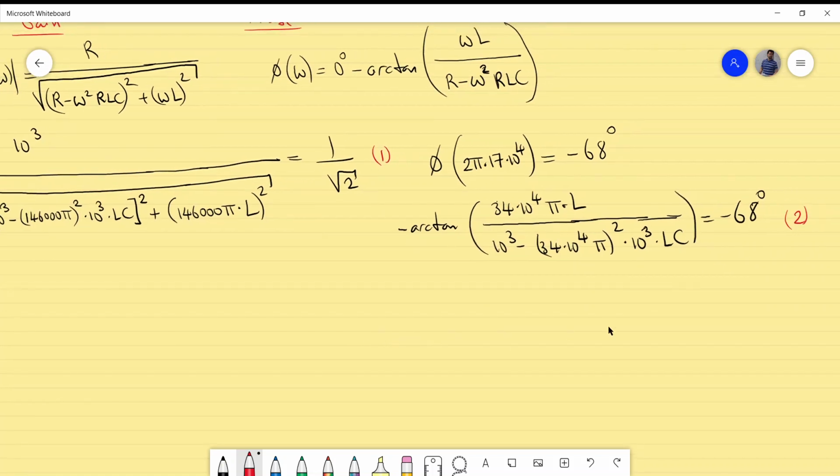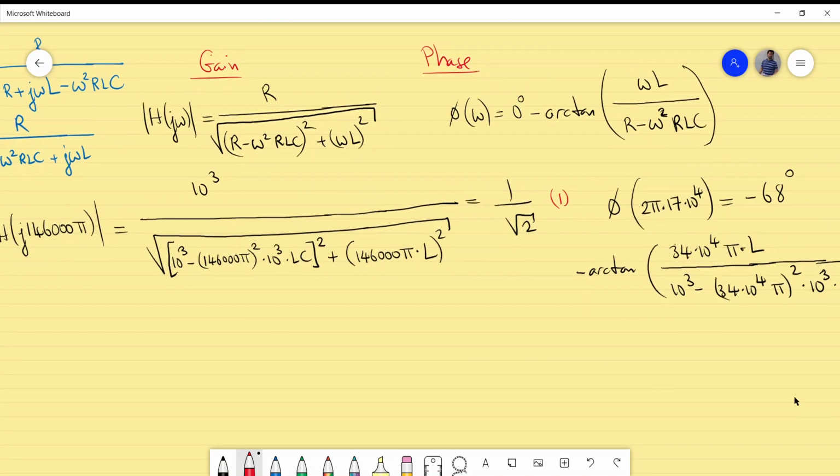So for example, if I have LC equal to something in terms of the L and other numbers, I will take that expression, number 3, and substitute it in here, because I have an LC here. Then this expression will be only in terms of the element L. And then I can solve it because there is only one unknown.